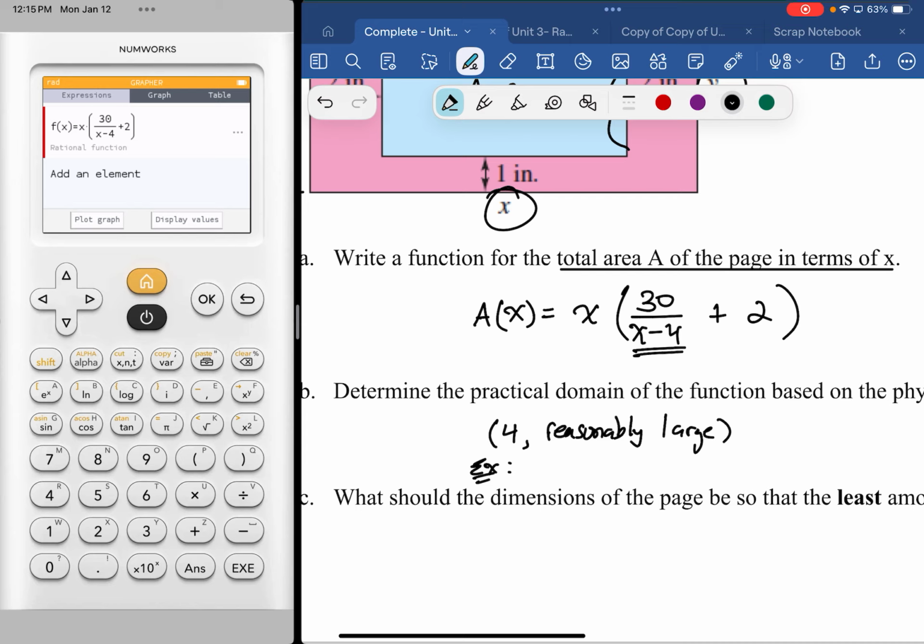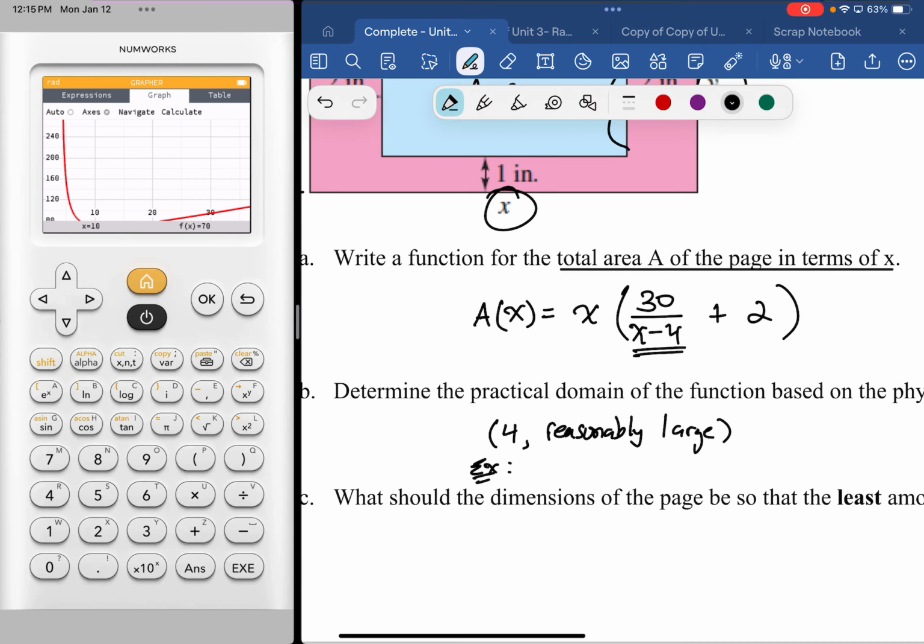I'm going to go to the graph, put it on auto. Unless it gives you, based off of the last window that you had, something like picture perfect, which this one kind of is, you're probably going to want to go to auto and play around with the window. I'll select auto because we can't assume we're all in the same spot. We get a lot of graph here that's not relevant to what we're looking for.